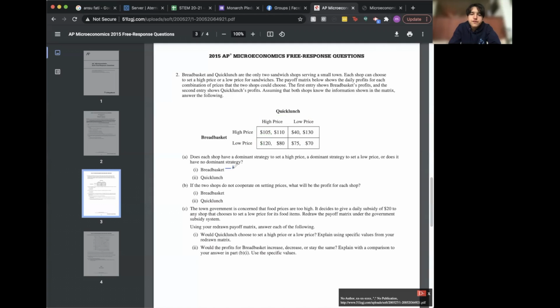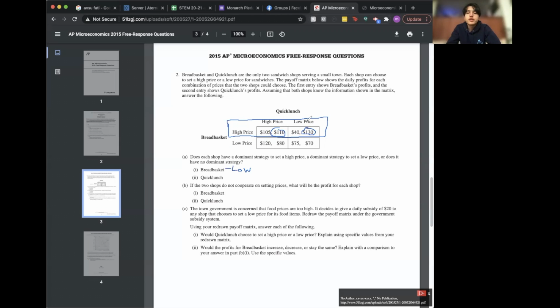For Quick Lunch, we have to look at what would happen with Breadbasket if they went high or low. First, let's start if Breadbasket went high. Here. If Breadbasket went high, Quick Lunch could either earn $110 with the high price or $130 with the low price.